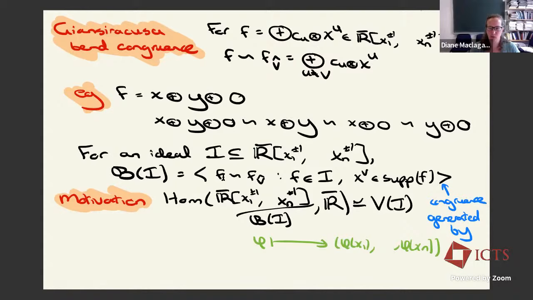And what we're saying is that if these are the same, the minimum has to be achieved at least twice at this point, and that's the definition of V(I).